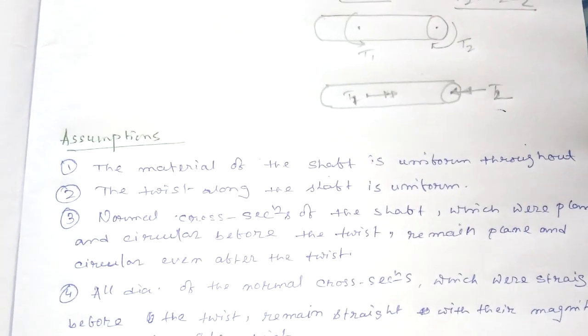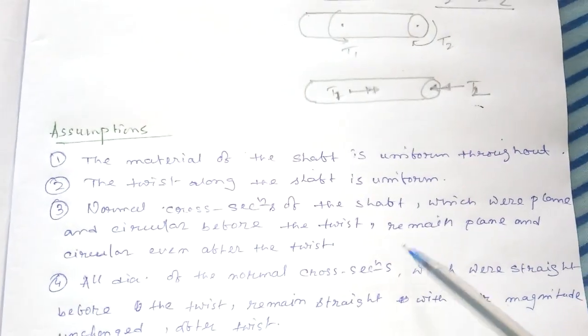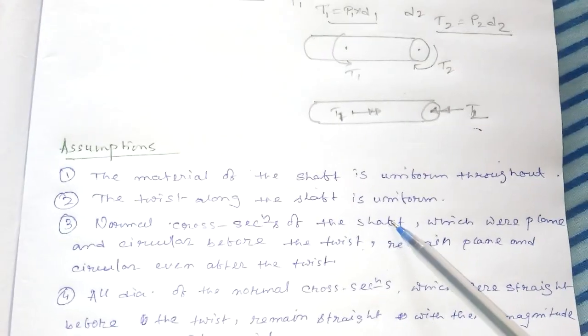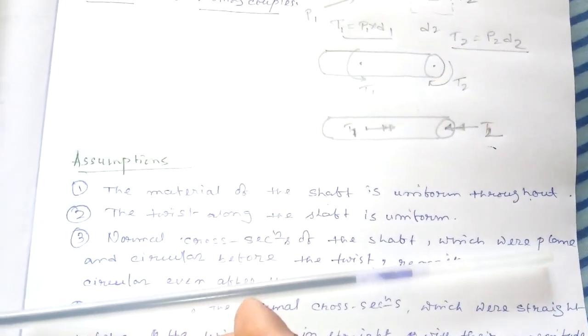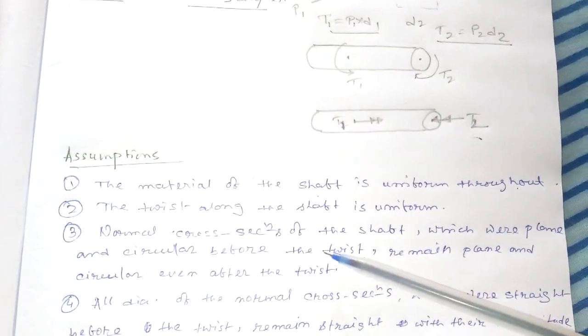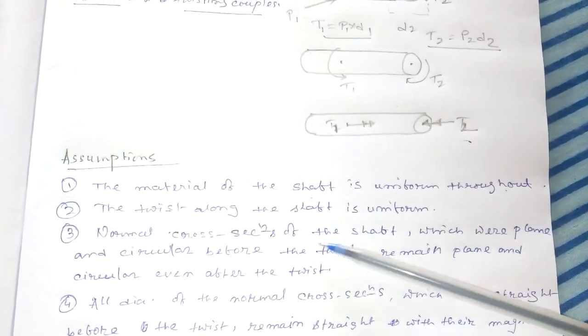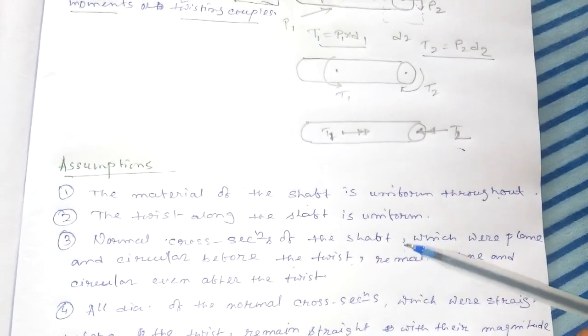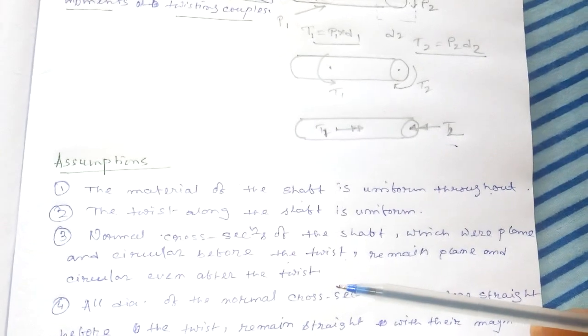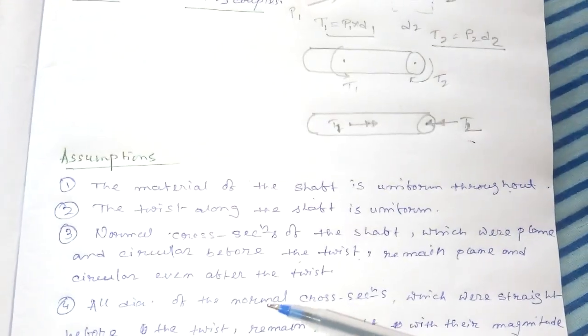The third one is about the normal cross section of the shaft. If you cut any section normally, the normal cross section of the shaft which was plane and circular before twisting will remain plane and circular after twisting, right?